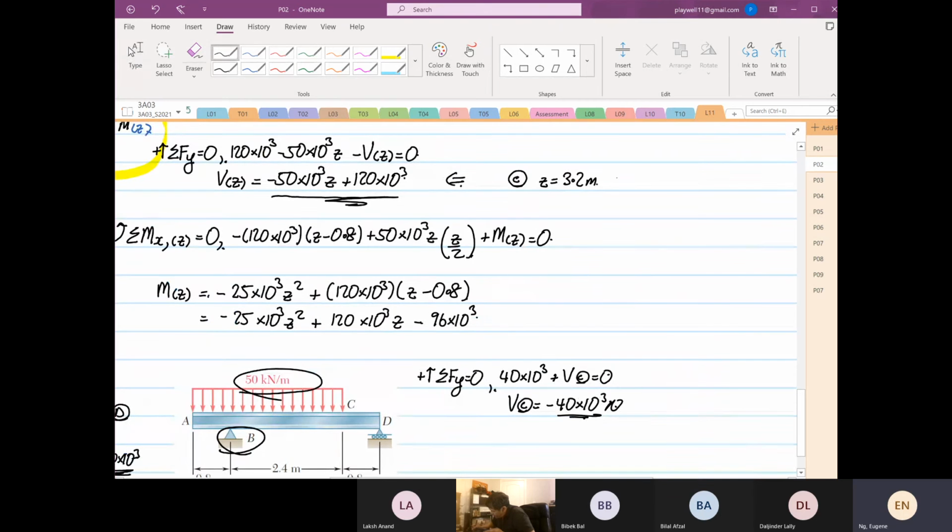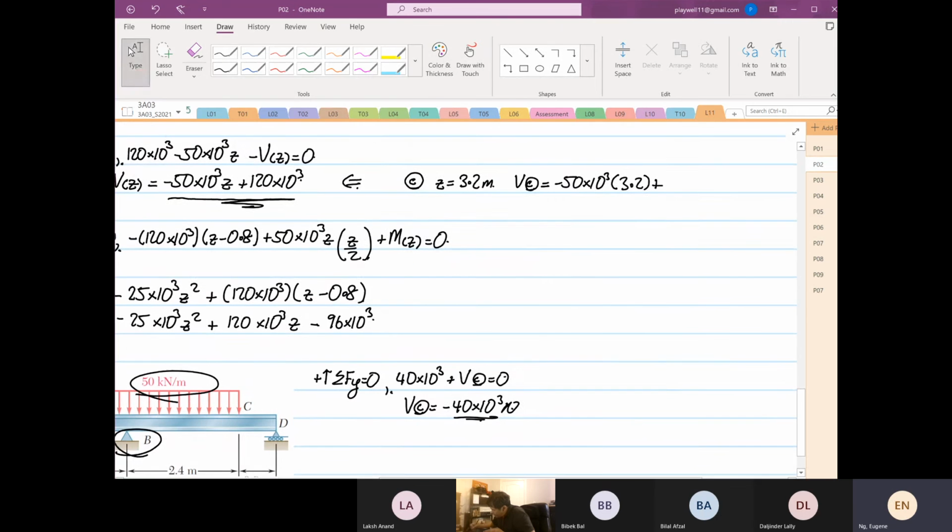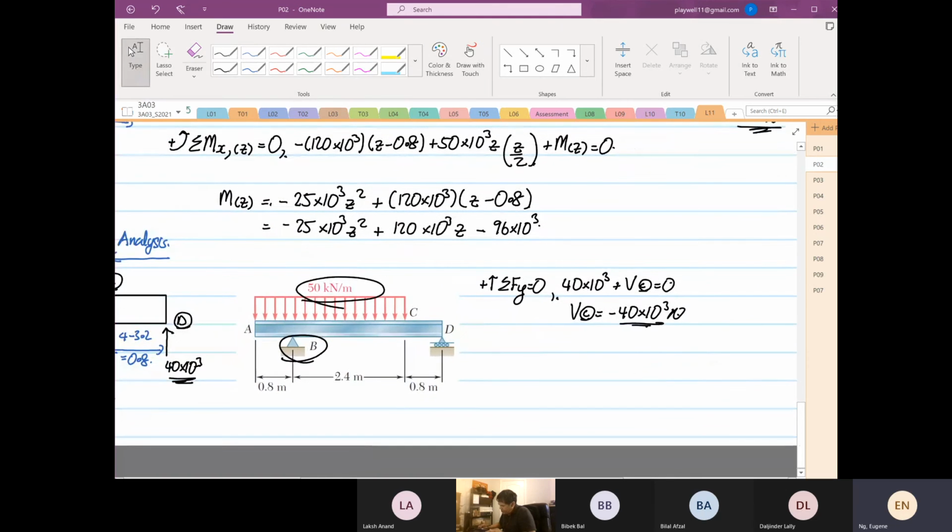So V at point C is equal to minus 50 times 10 to the power 3 multiplied by 3.2 plus 120 times 10 to the power 3. So this is also equal to minus 40 times 10 to the power 3 Newton. See, it's the same.